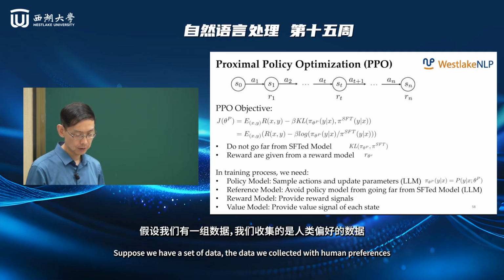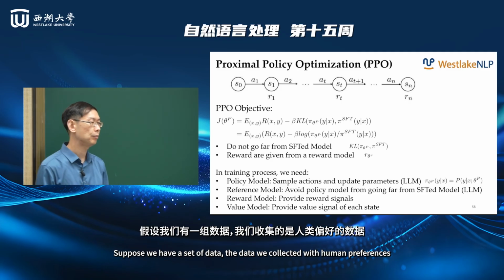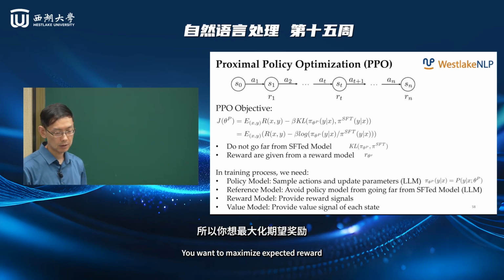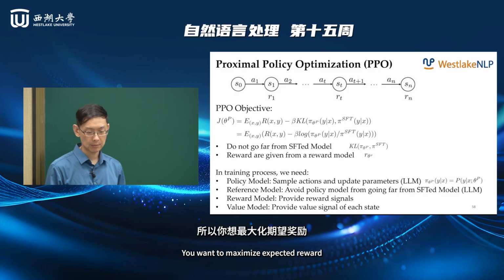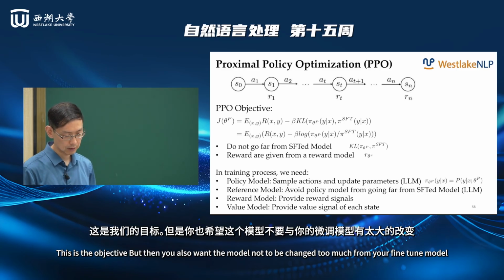Suppose we have a set of data, the data we collected with human preferences. And remember, we have a reward model. We've trained a reward model to generate the rewards. So you want to maximize the expected reward. So this is the objective.